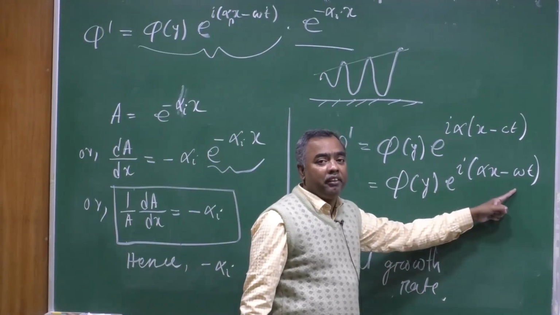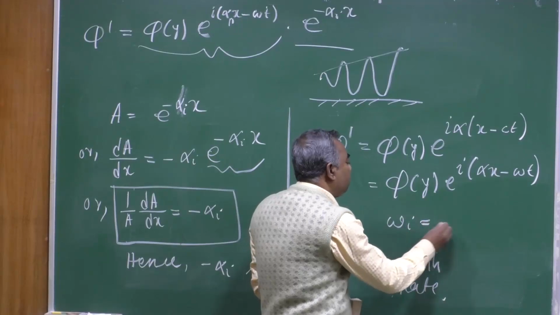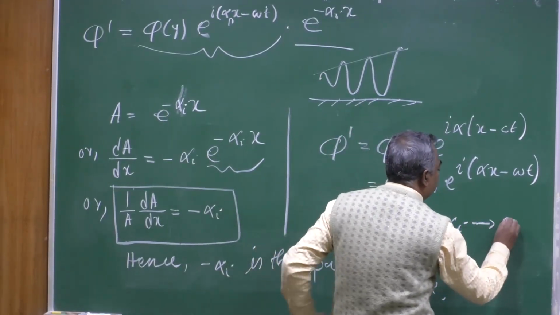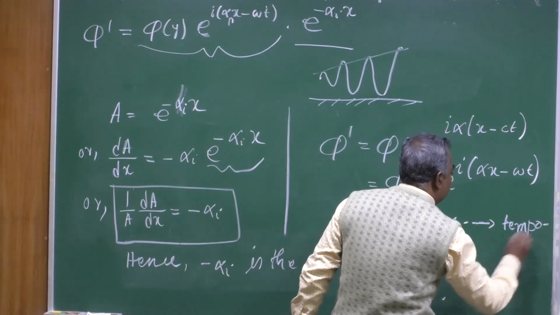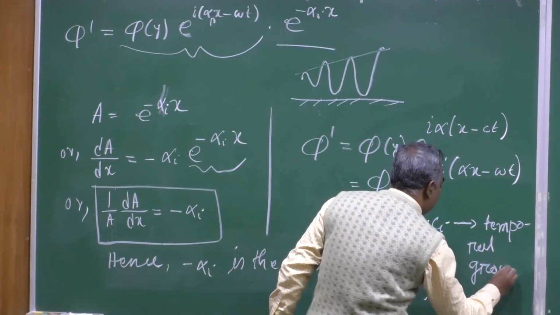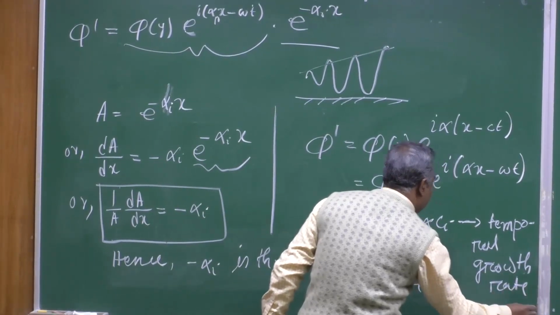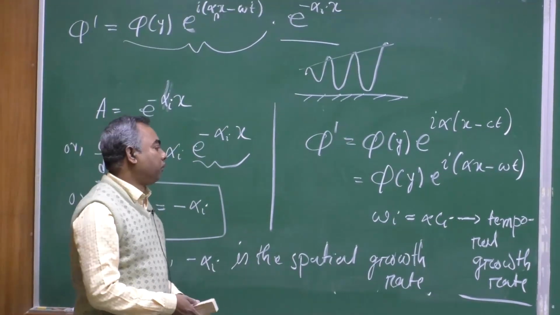If you go ahead, you should be able to show that ω_i, which is equal to αC_i, is your temporal growth rate. Okay. Please check that. This will be your temporal growth rate.